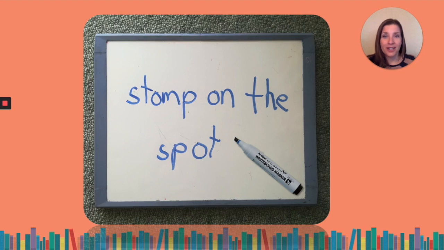We want to do writing of words, so we get that letter formation, handwriting, writing single words, and then writing words in phrases and sentences, and then we want to see that transfer over to their independent writing. So we can do dictated sentences like this little phrase, stomp on the spot, or trip in the pond.